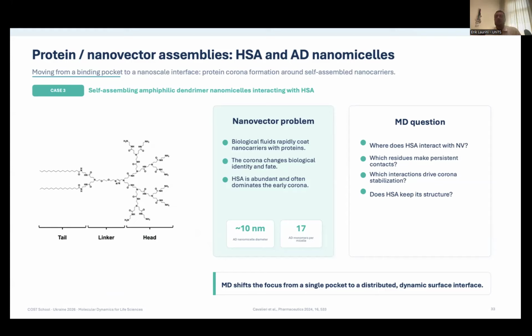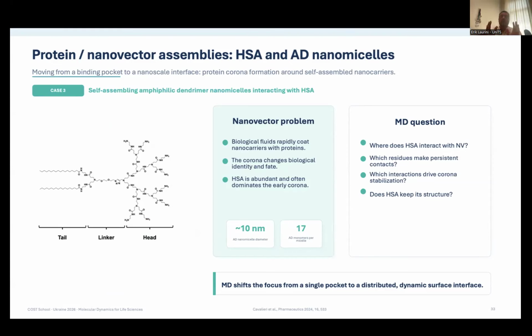But what was of our interest is not the interaction with the target, but the interaction with human proteins, the proteins most abundant in our blood system, because these kinds of proteins dramatically affect the biodelivery of this nanovector system.